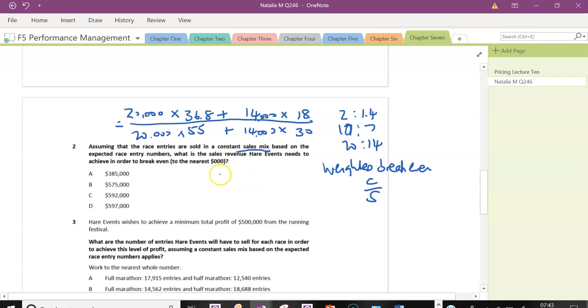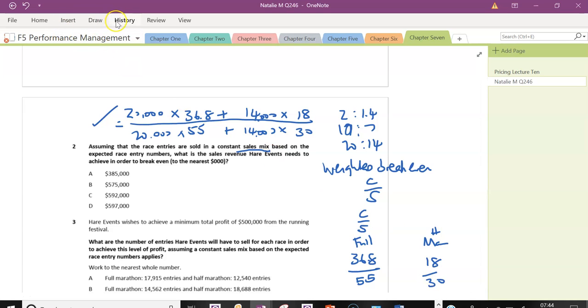The key point is I know the C over S ratio of full marathon, which is 36.8 divided by 55, and the C over S ratio of half marathon, which is 18 over 30. I'm just going to show you another method so that you can start seeing different ways of looking at this.